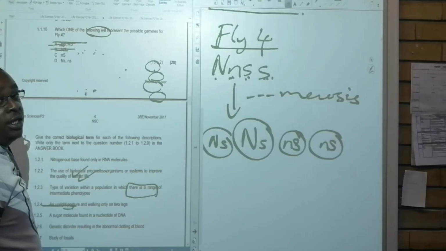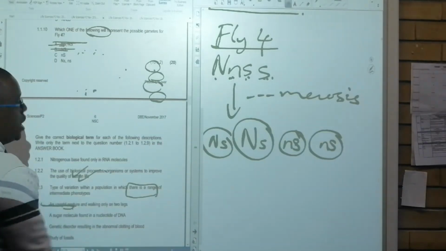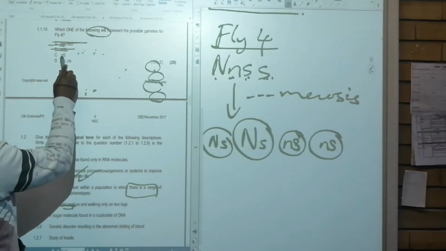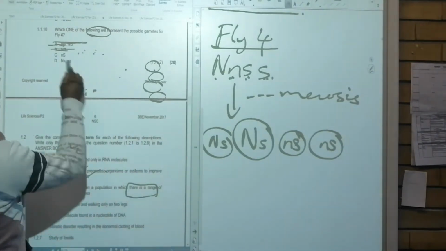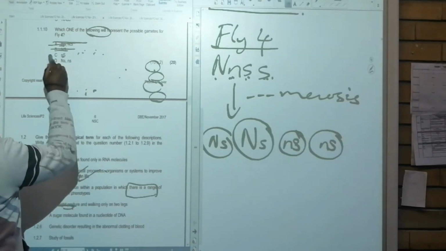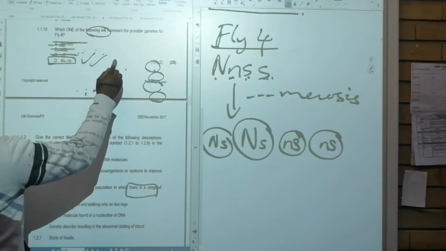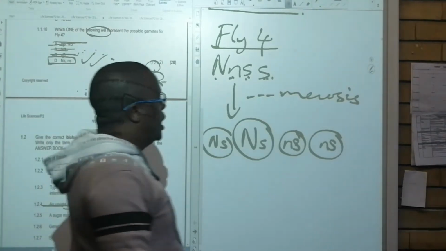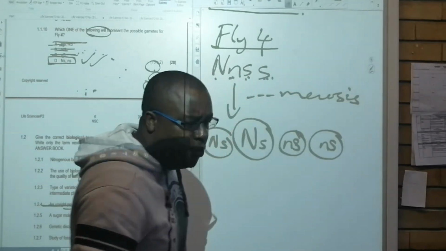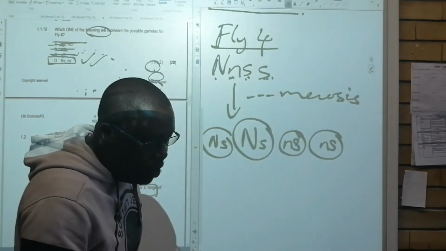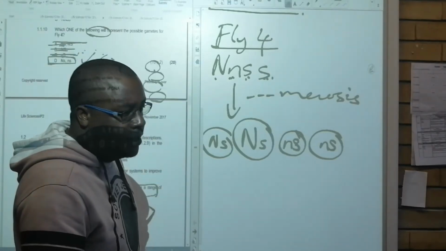Because it's showing only dominant alleles in one gamete. Do we have that there? No. Do we have this one here in our gamete? No, we don't, because we don't have stripes. Do we have this? Yes. The answer was D. Right. And then the next question after that, I believe, was 1.4 in the same paper. Yes, beautiful. Same paper.